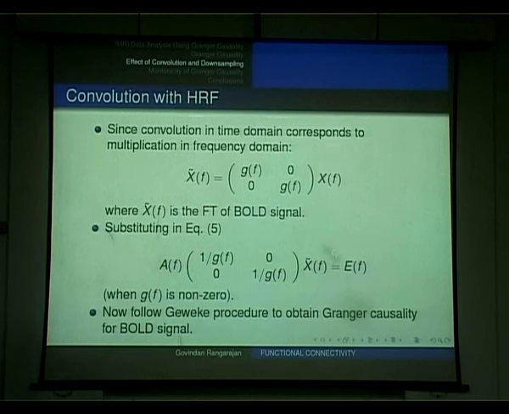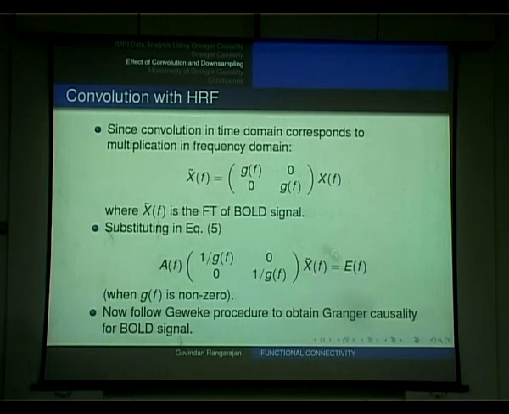I'm using for right now the same HRF function for both x1 and x2. So x is a vector here, it has x1 and x2 components corresponding to the two processes. x tilde is the Fourier transform of the BOLD signal. You have the convolution of the HRF with the neuronal signal, and that gives you x tilde, the Fourier transform of the BOLD or the fMRI signal.